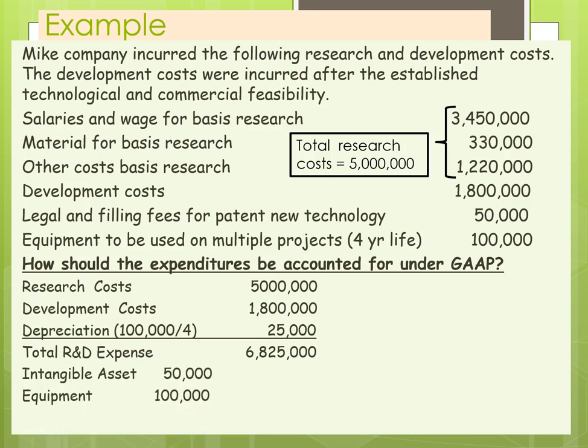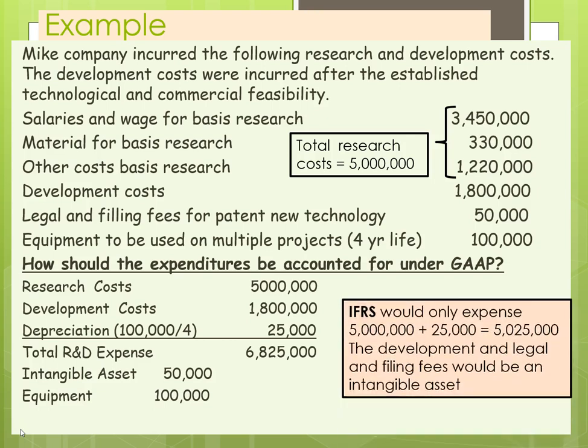We would have an intangible asset of $50,000, which would be our legal and filing fees, and then the equipment would be capitalized as $100,000. Now, what does this look like under international standard? We would only expense the $5 million and the $25,000 depreciation. The development and legal and filing fees would be an intangible asset.